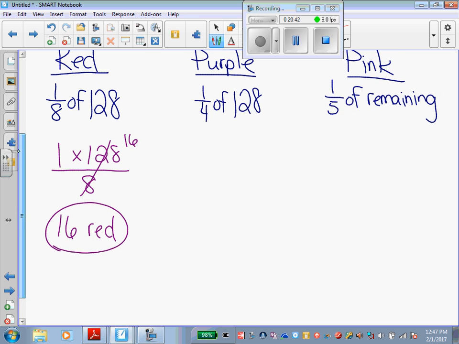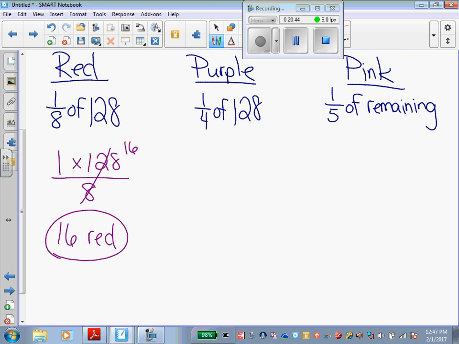How can I figure out how many purple flowers we have? Purple, Rose. Okay, perhaps, but I want to solve it using this problem. So how can I solve it using this expression? Okay, so we want to do 1 times 128 over 4.